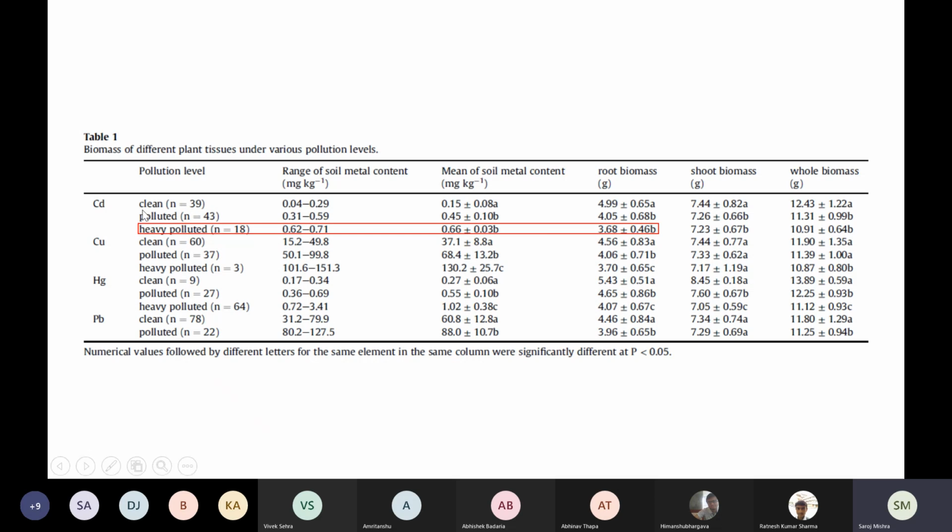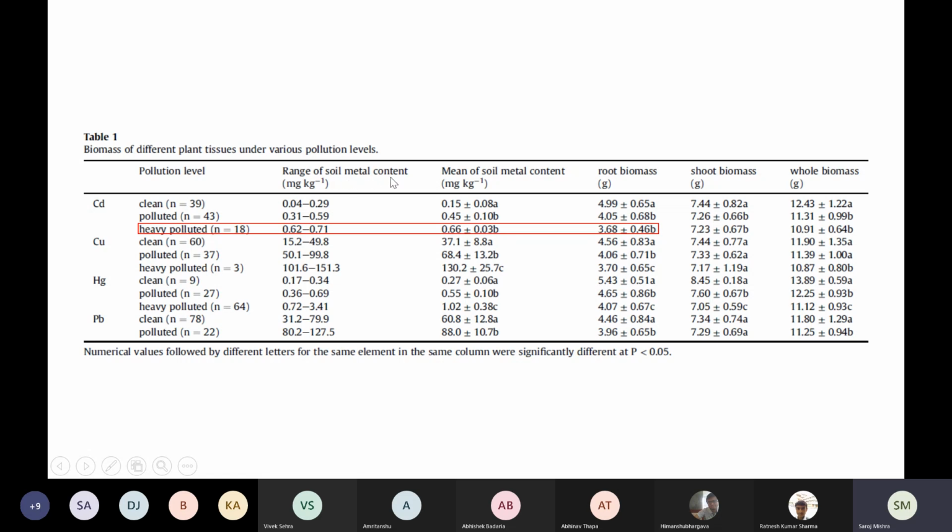In the clean area, the data, either the soil metal content, the root biomass or the shoot biomass, is gathered for a sample number of 39. So 39 plants have been taken from the clean area, 43 from the polluted area, and 18 plants from the heavily polluted area.